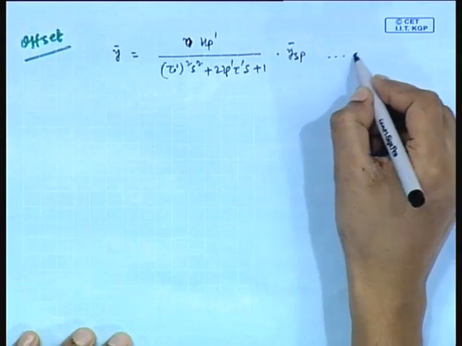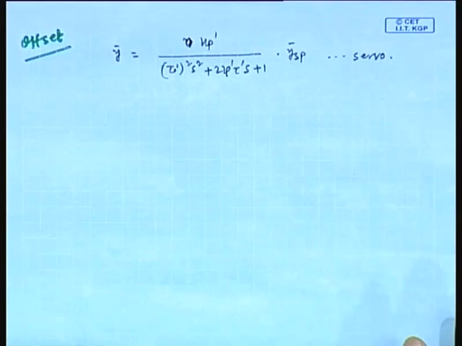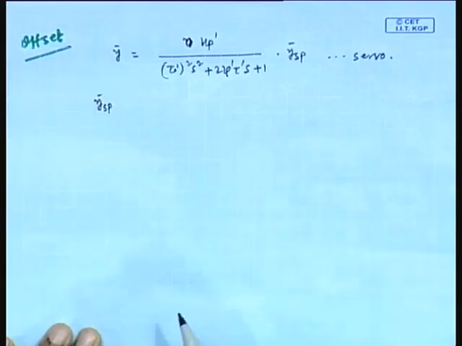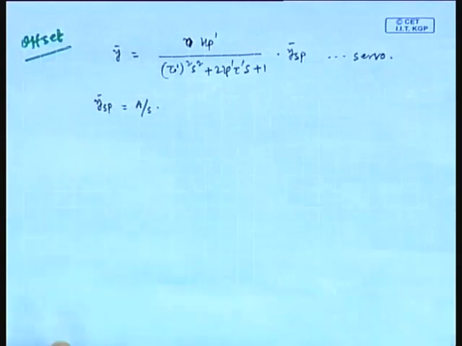This is the closed loop transfer function which we derived for the servo case. Now, we will consider a step change in set point with magnitude A. We wish to determine the offset by introducing this step change.